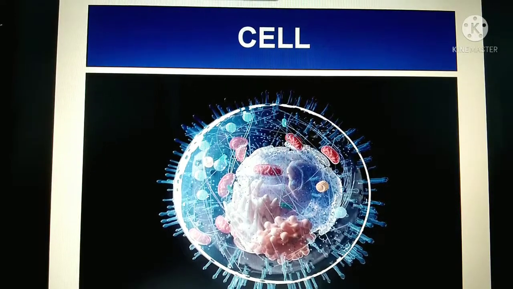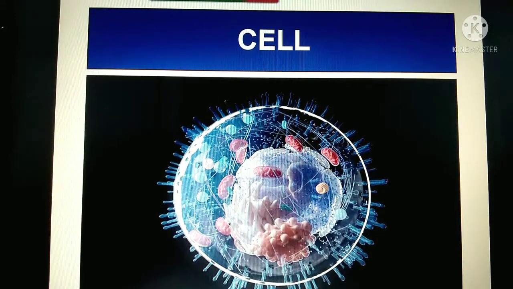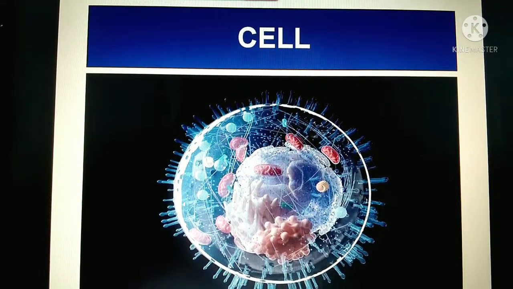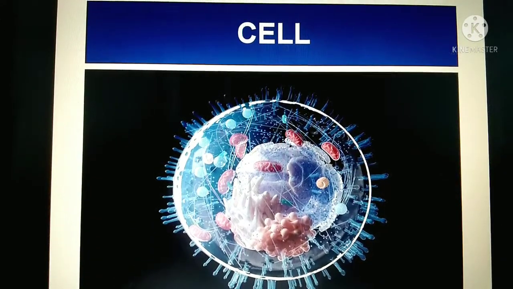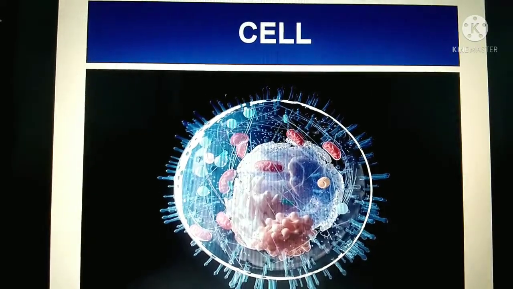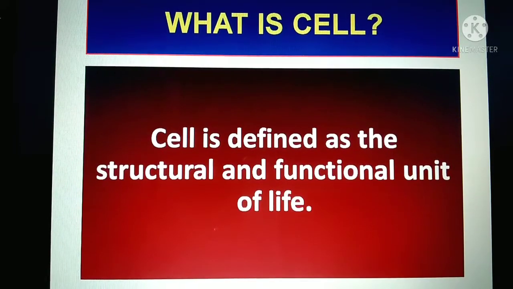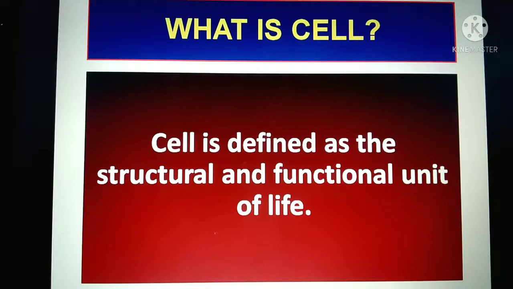And the basic difference between a non-living thing and a living thing lies in the word cell. The cell is the basic unit of life. It is defined as the structural and functional unit of life.